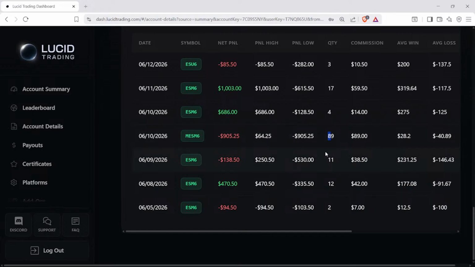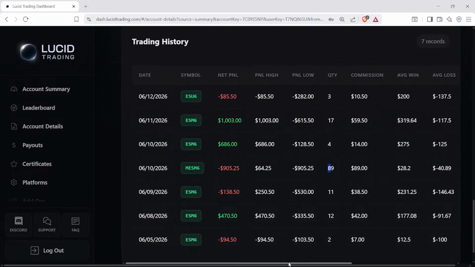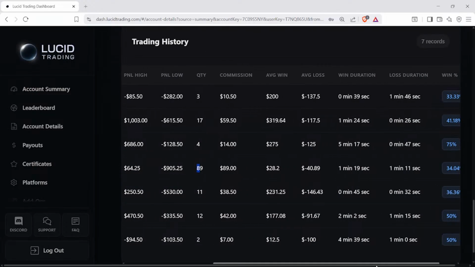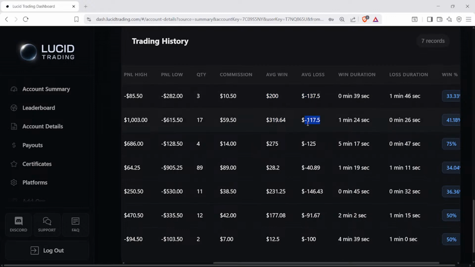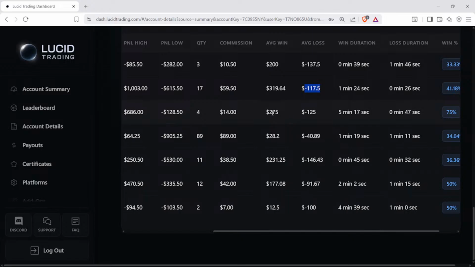But this is my numbers on here. Average win 200. Average loss 136. So that's 3-1. 275, 125.